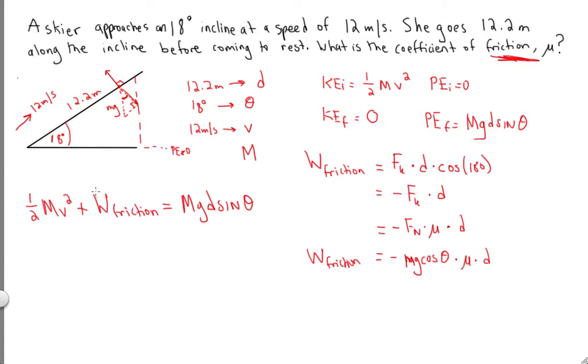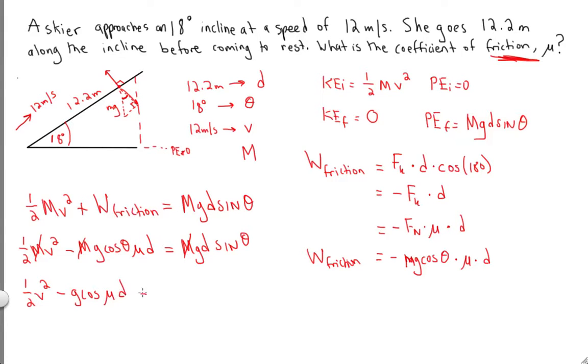Okay, now I'm going to substitute in for an expression for the work due to friction. 1/2 mv squared minus mg cosine theta mu d equals mg d sine theta. As we can see here, there's an m in each term, so that can cancel out. So we have 1/2 v squared minus g cosine theta mu d equals g d sine theta.